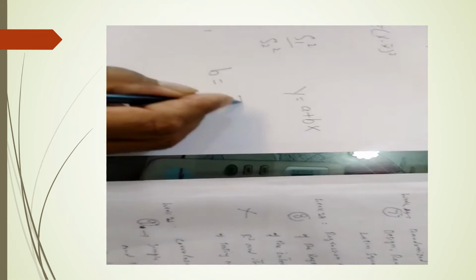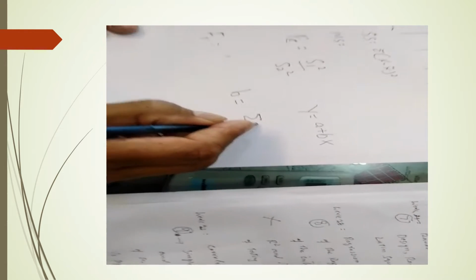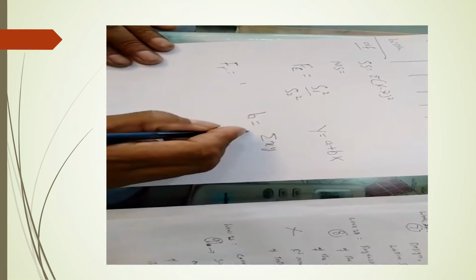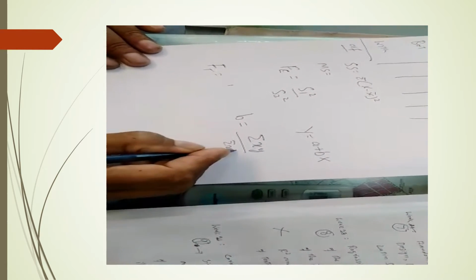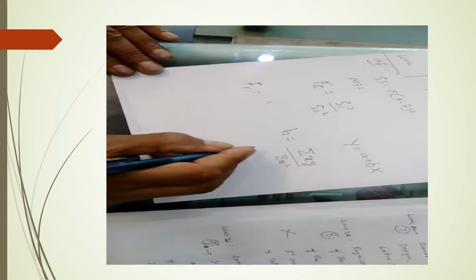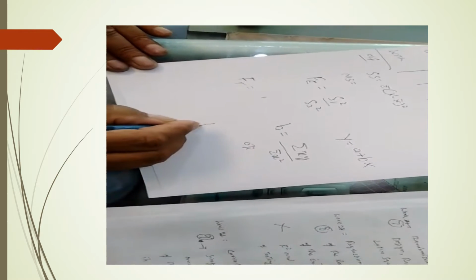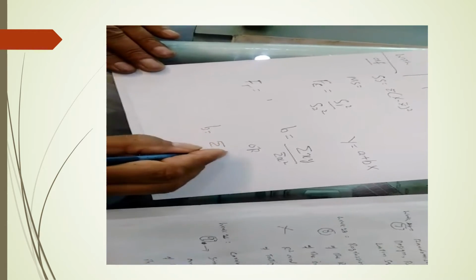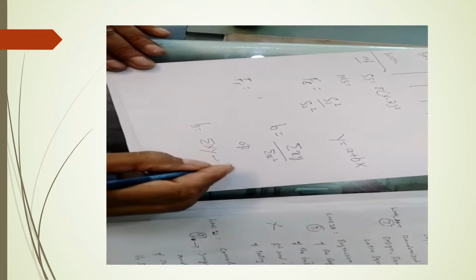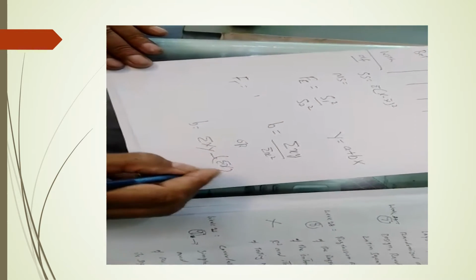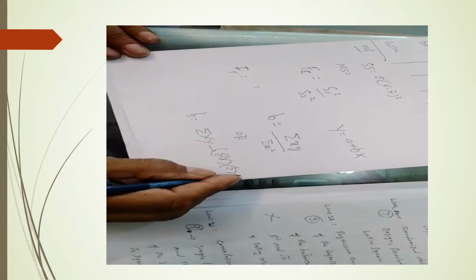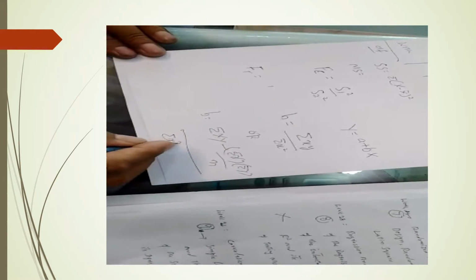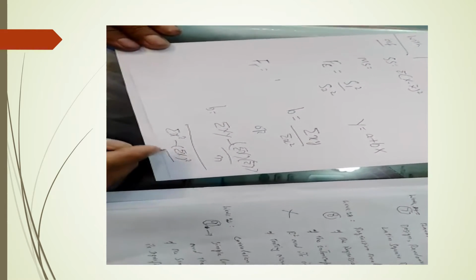A and b are estimated with the formula: b equals summation xy over summation x square, or the shortcut formula, summation xy minus summation x into summation y divided by n, all divided by summation x square minus summation x whole square divided by n.